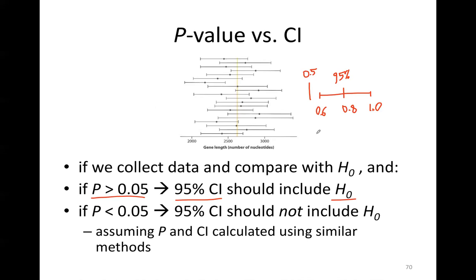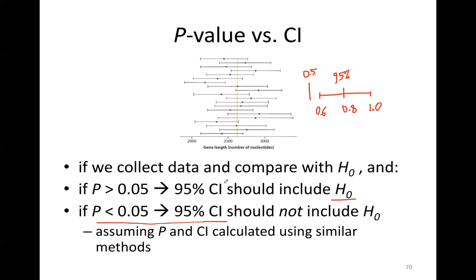I'm sorry, I was describing this second situation here. Sorry about the confusion, not this one. So if the p-value is less than 0.05, then the confidence interval should not include the null hypothesis, like this situation.